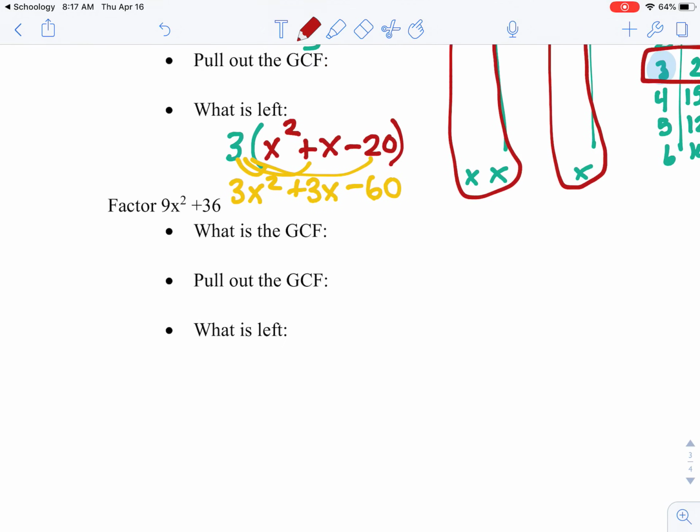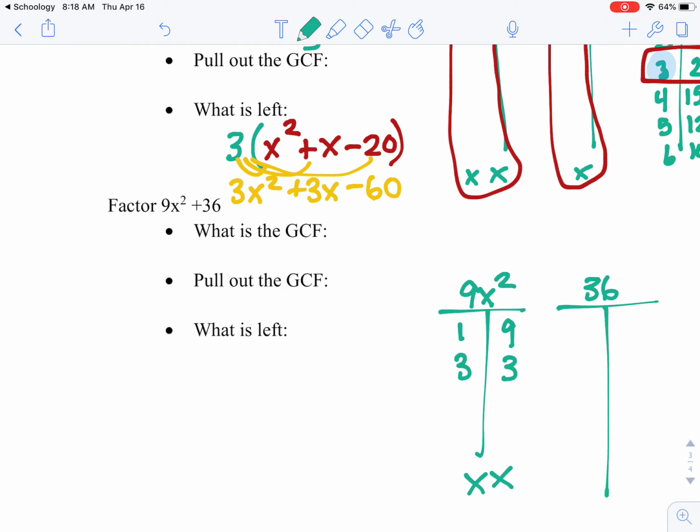All right, last example. So we have 9x squared and 36. So we're looking for our GCF. And I can see that my GCF is going to be the number 9, and I have no variables in common.